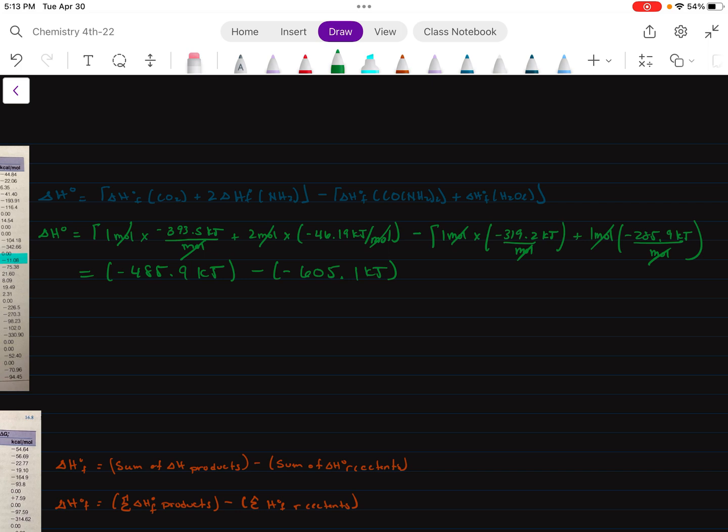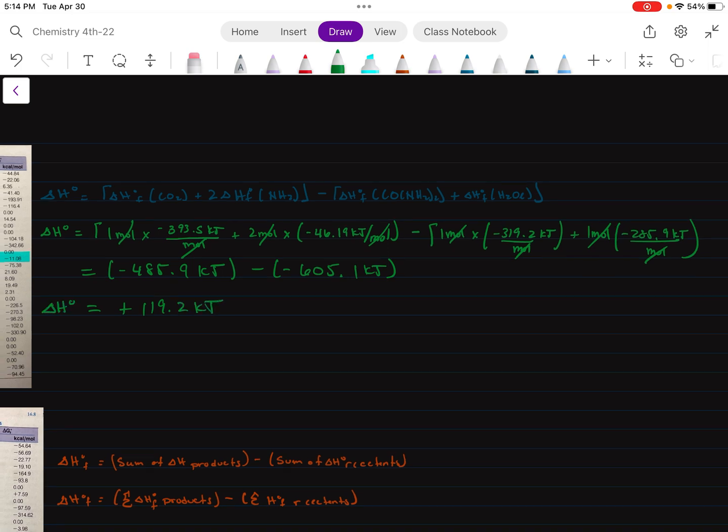If I simplify that even further, I'm going to end up with positive 119.2 kilojoules, which is equal to my delta H. Pause the video if you need it.